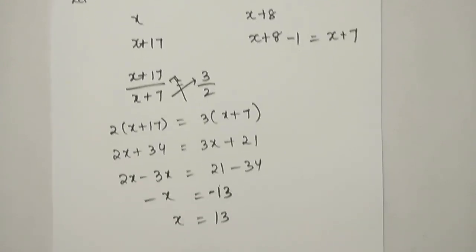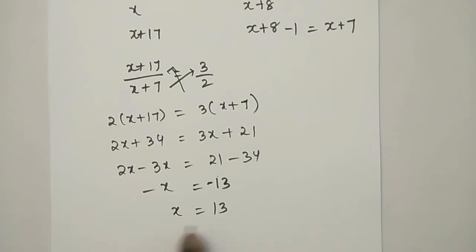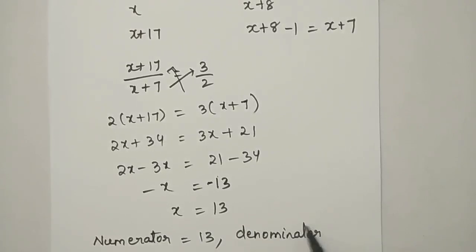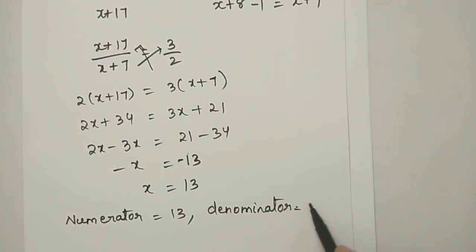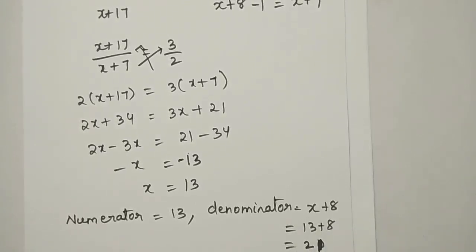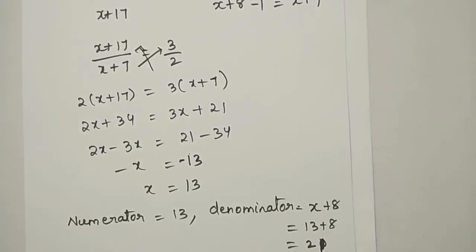Now substitute this value of x in the assumed things. So x we got is the numerator. So numerator is 13. Denominator is x plus 8, nothing but 13 plus 8 equal to 21. 13 plus 8 is nothing but 21.